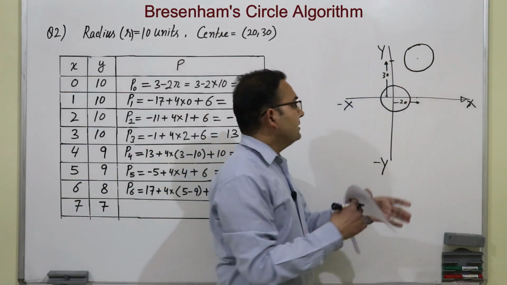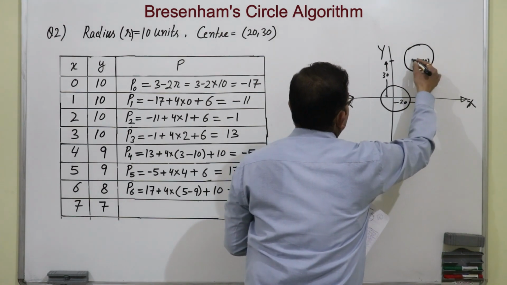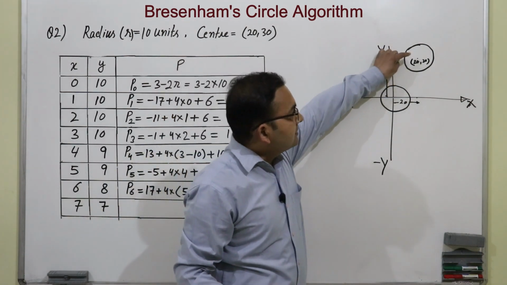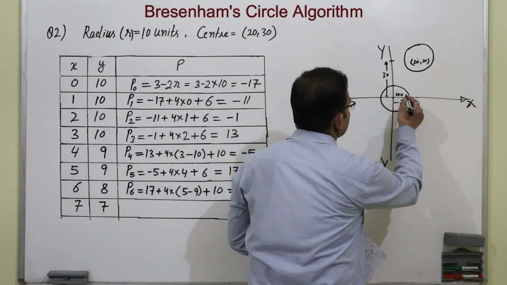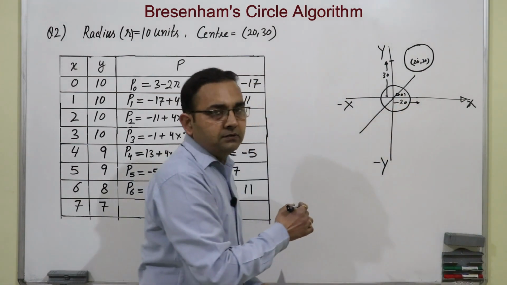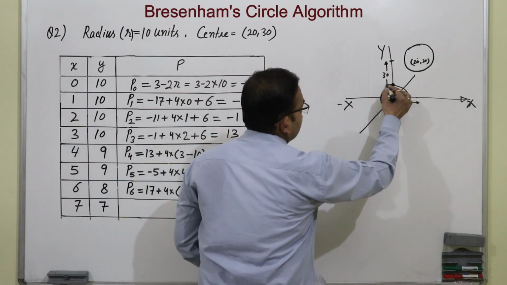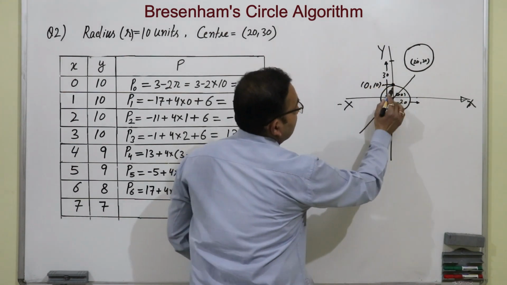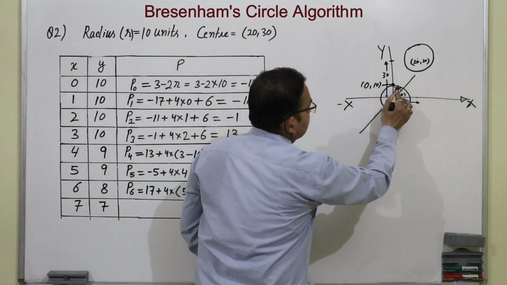So, this is a circle and its center is 20, 30. What we will do? We will bring the center of this circle to the origin. This is the center and we will start from the topmost point, which we know is 0, 10, and we will find the coordinates of this portion.